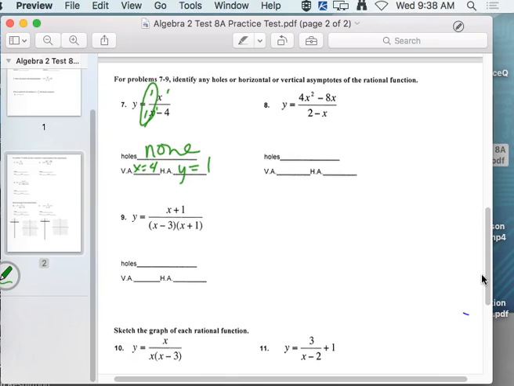Let's do one more of these. Look at number 8. Is that factored? No. What could you take out of the top? A 4 and an X. Is that it? That bottom thing looks wrong, doesn't it? Yeah.